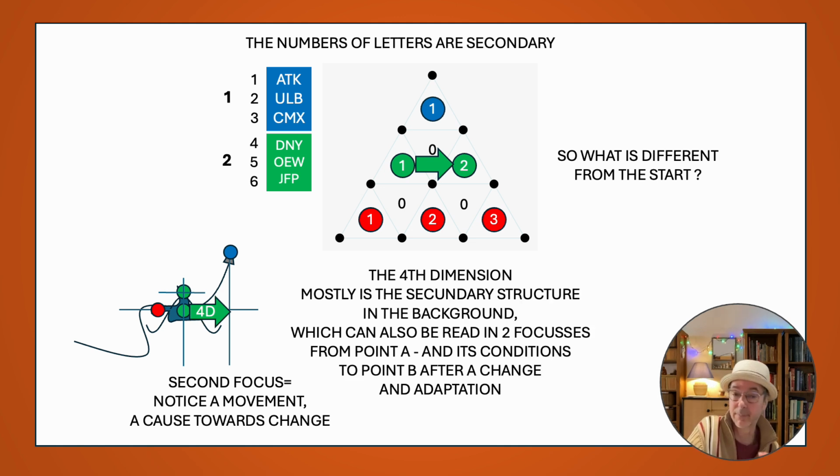On the other hand, it is necessary to have this in the background, that there is a secondary structure, so you have to adapt to it. So there are conditions and changes in the stable condition. That's what you think is the basics, what you have as a first focus, and then you have a next focus which is different, which has different conditions.